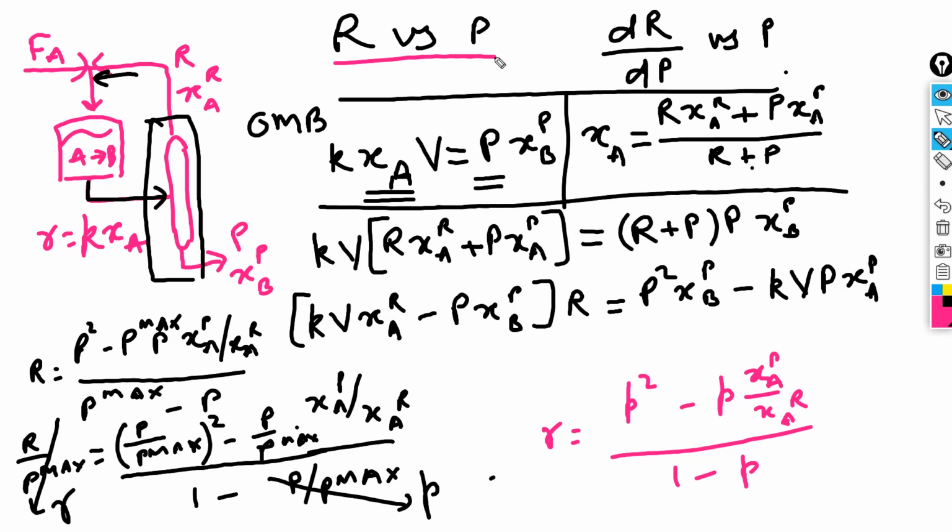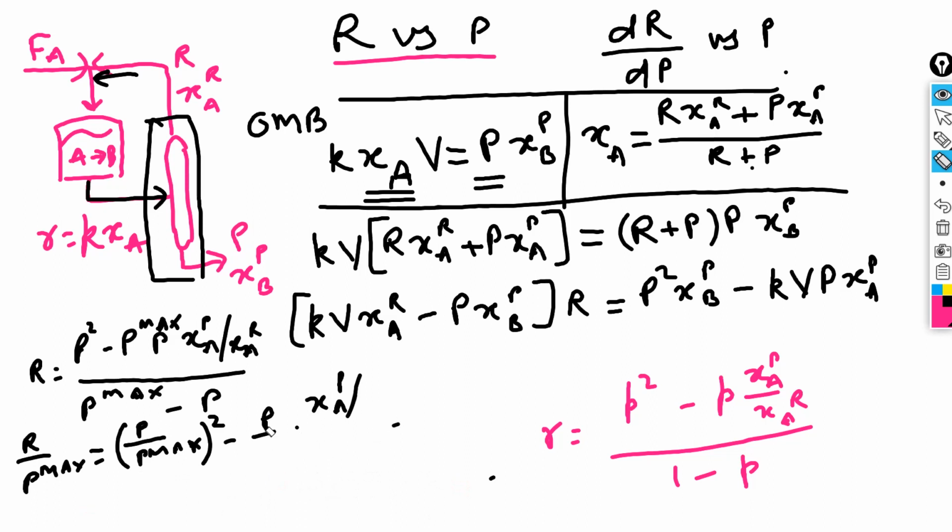So we have gotten this. Now to get dr by dp, we'll differentiate both sides. Now what I'll do is delete pretty much everything other than that.